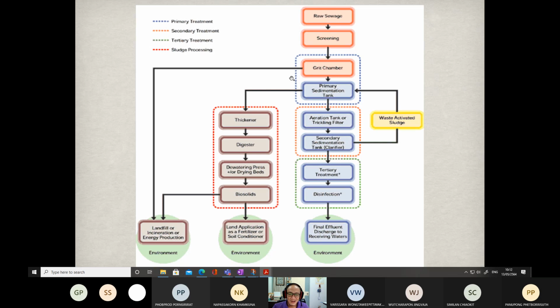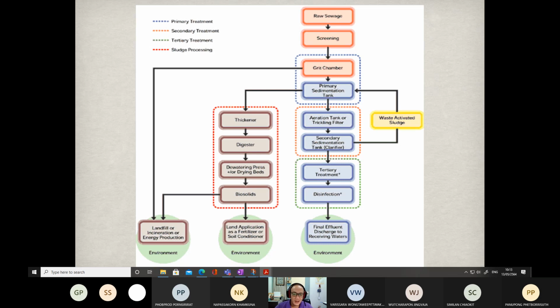Then we have to handle this sludge, and we may have to apply tertiary treatment, and at the end, before disposing of the treated water into the environment, we may need to disinfect the water.